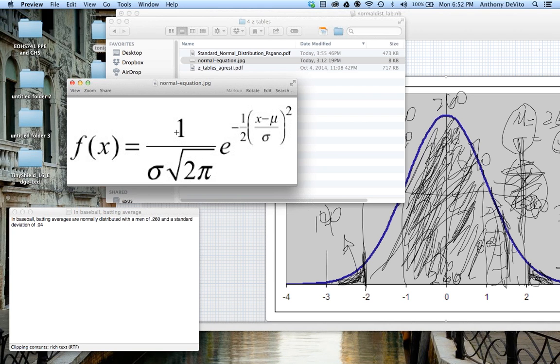In other words, things move around the mean, and get smaller outside of that mean. But this formula, which is relatively complicated, describes this relationship, describes this curve.